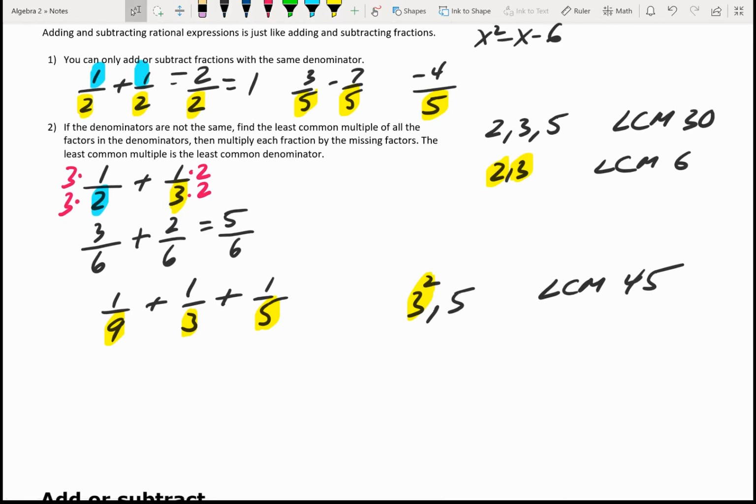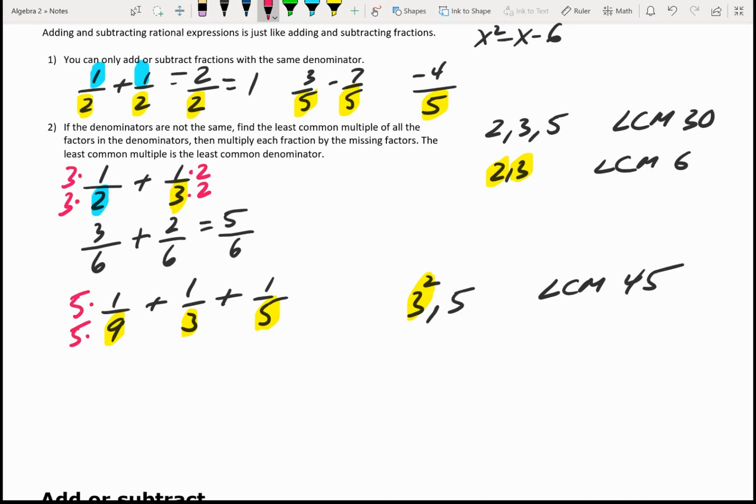Okay, so again, I have to multiply each fraction by the factor that is missing in my least common multiple. For 1/9, I'm missing the 5, so I need to multiply the first fraction by 5, because I need 3 squared and 5 in each denominator. Now, in the second fraction, 1/3, I'm missing a 3.